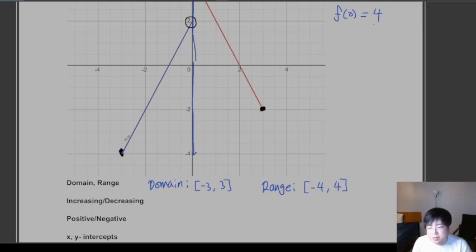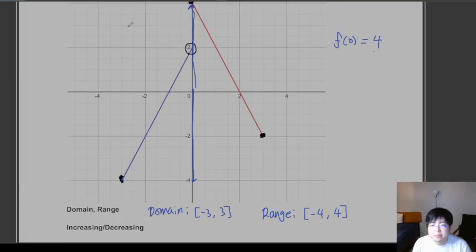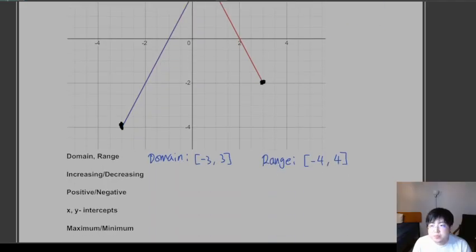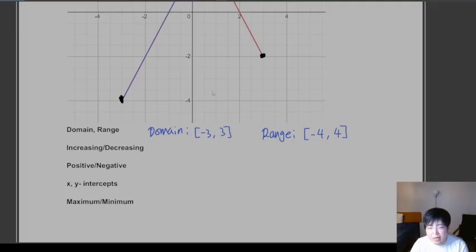Okay? So now, the next characteristic of this function we are interested in learning is which interval is increasing and which interval is decreasing, okay? A function is increasing in an interval means the function generally has this kind of slope. When a function has this kind of slope, we say that's increasing.